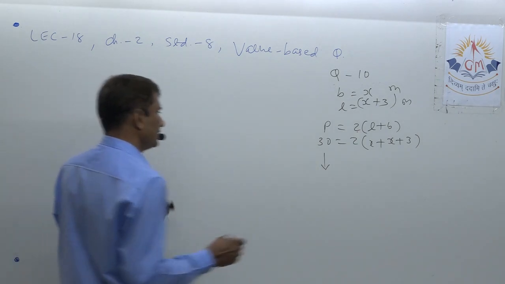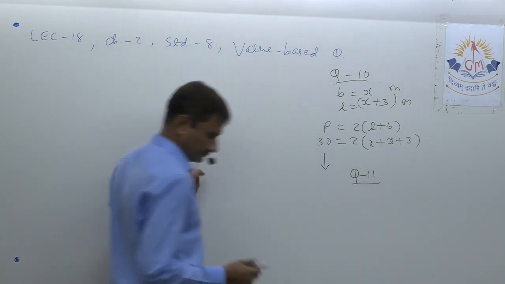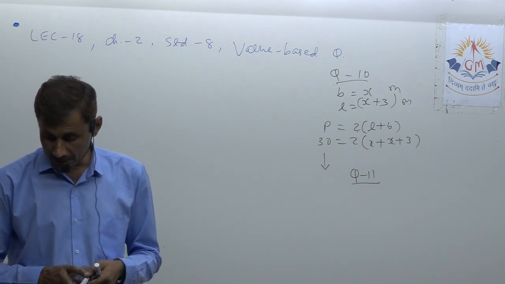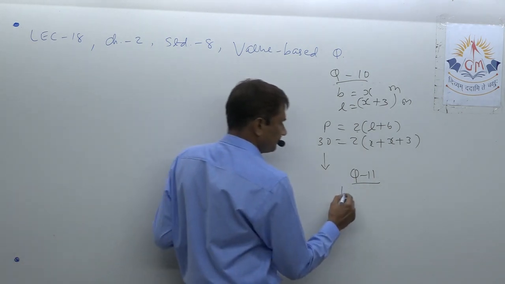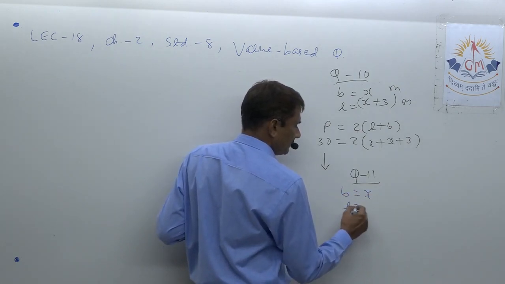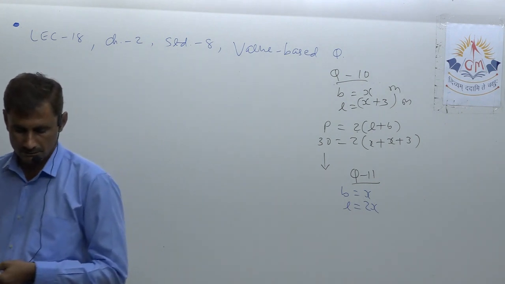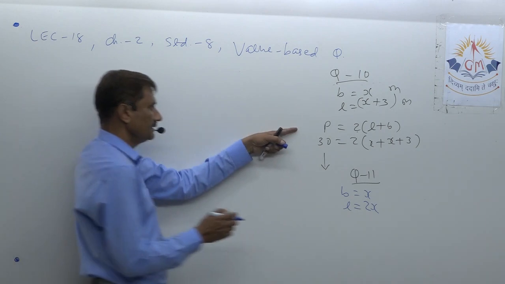11th is just like that. The length of a rectangle is twice the breadth. So if the breadth is x, then the length will be twice, that is 2x. The perimeter is 60, just like that.